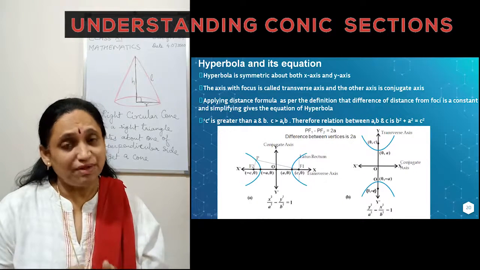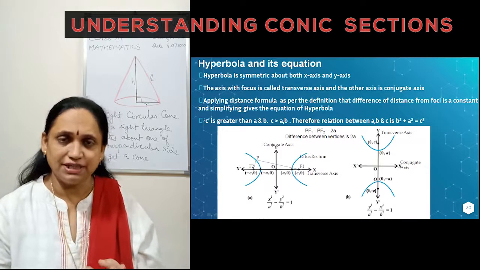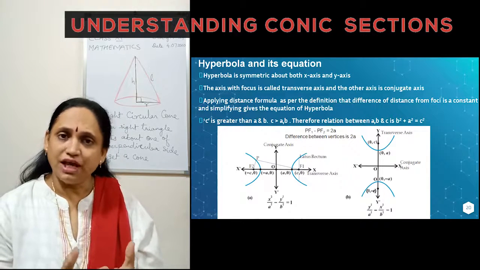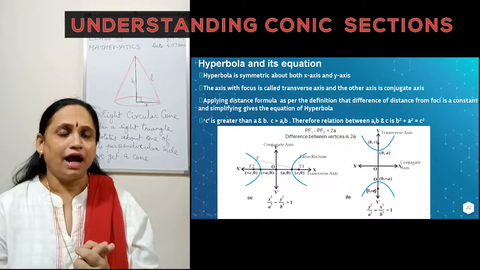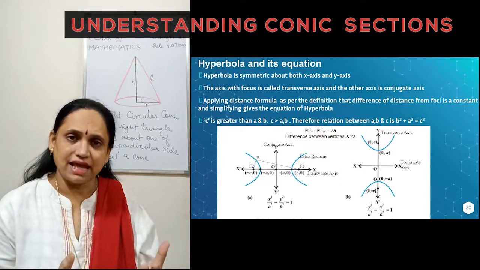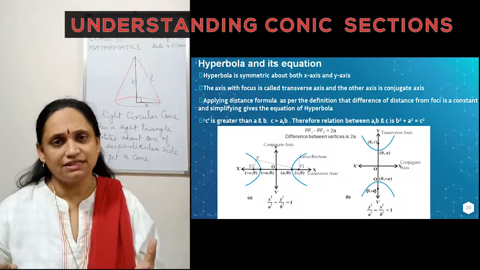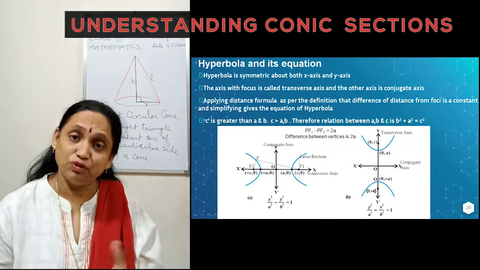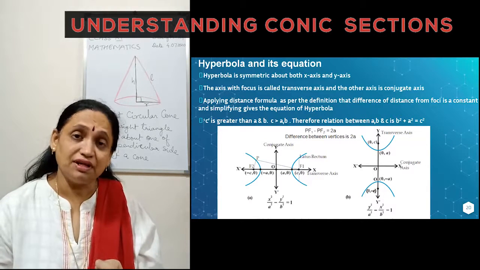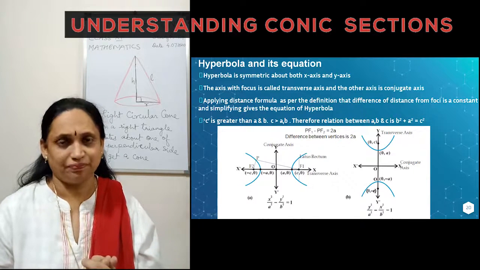But the similarity is, when you place the hyperbola in the Cartesian coordinate system, it can again be placed in two different ways, either taking the x-axis as the axis where the focus will lie, or taking the y-axis as the axis where the focus would lie. Remember, the hyperbola is also symmetric about the x-axis as well as the y-axis.